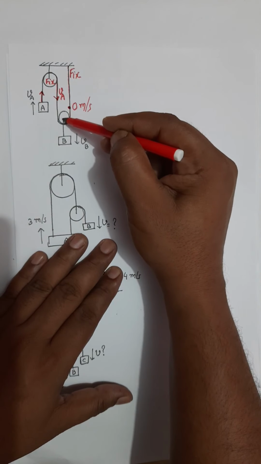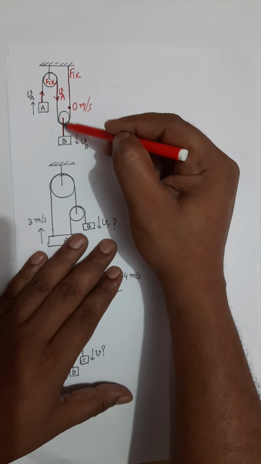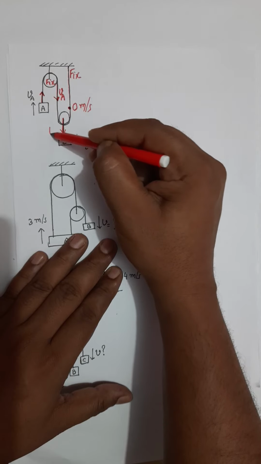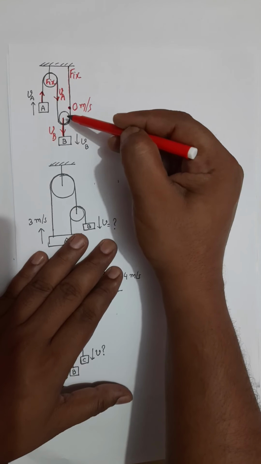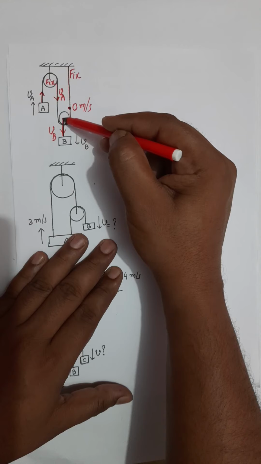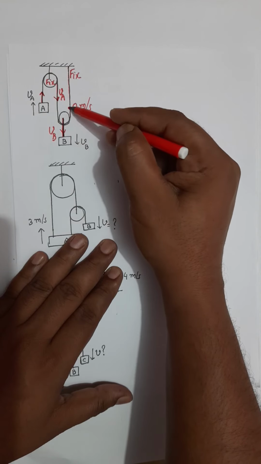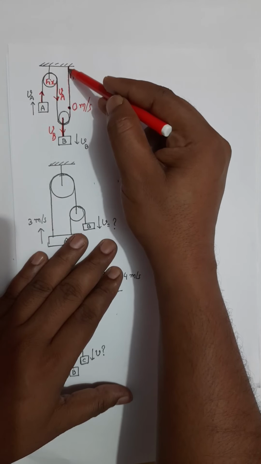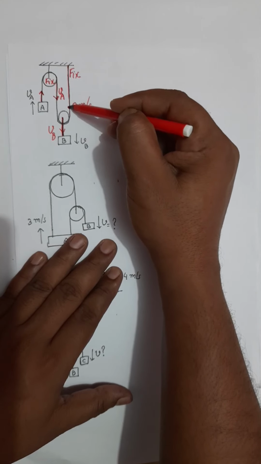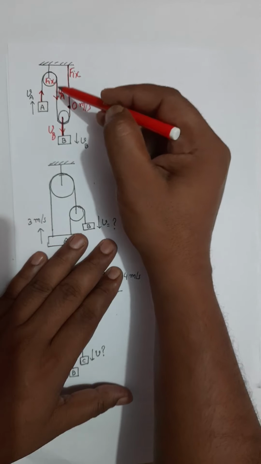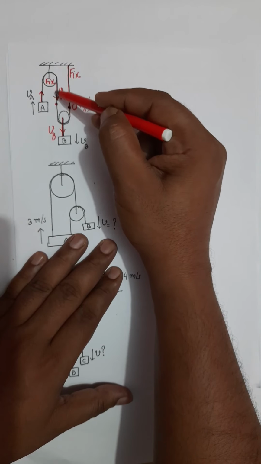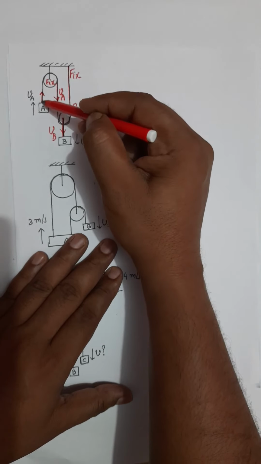And this pulley which is attached to the block B is going downward with VB velocity. This point is on a stationary part of a string, so it has 0 meter per second speed, and this side of a string will come downward because A is going upward.